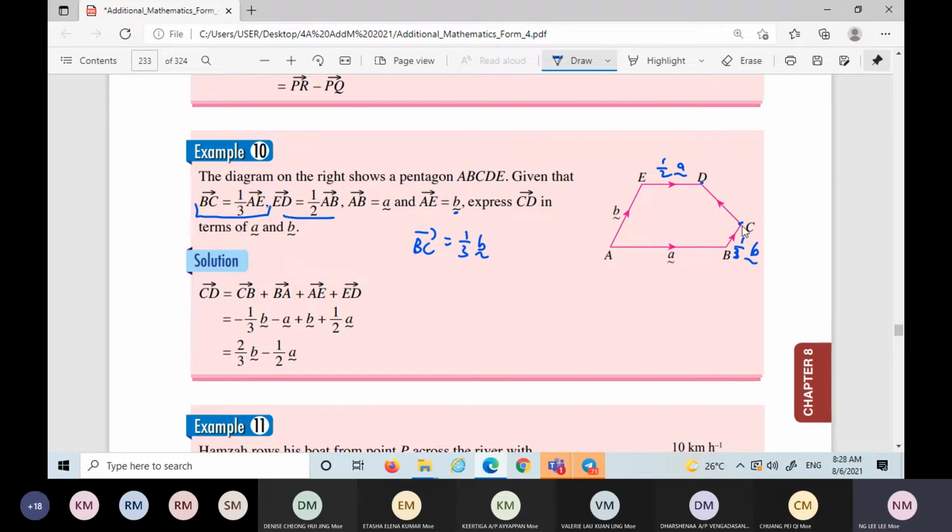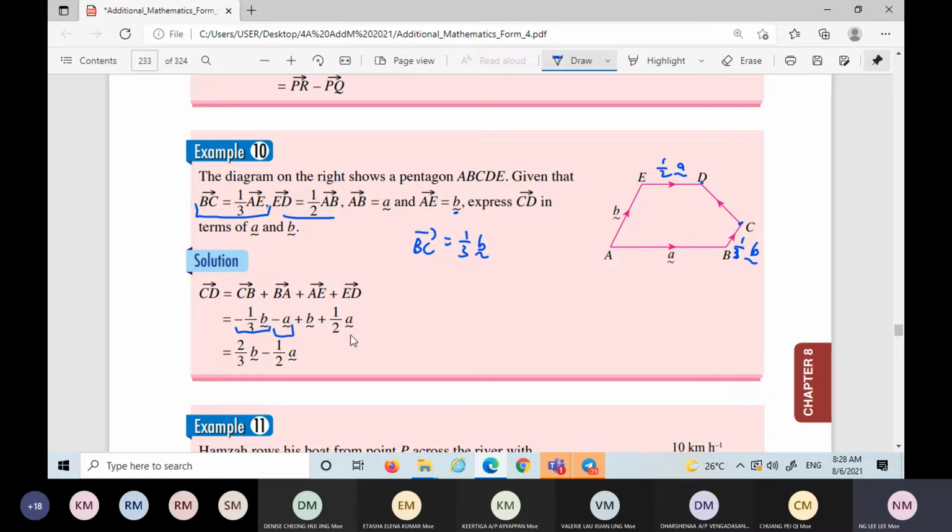But when you see C to B, it's the opposite direction to this arrow, so you have to write negative for it. This is why the first one you get is negative 1/3B. B to A is the same thing, opposite direction, so negative A. A to E is the same direction, so it's positive B. E to D is the same direction as this, so it's positive half A. That's all.